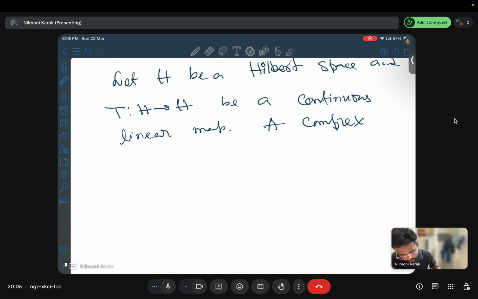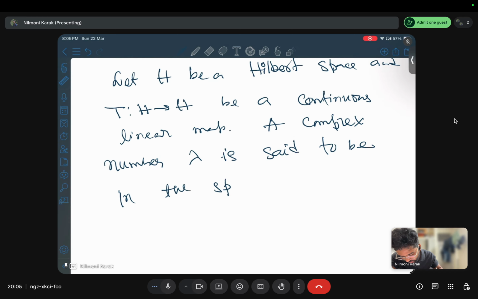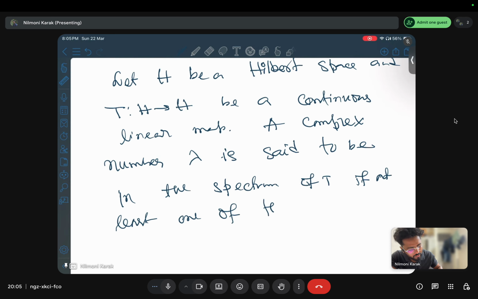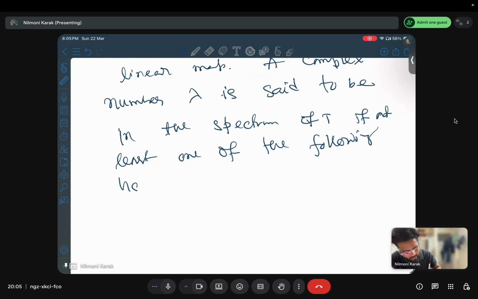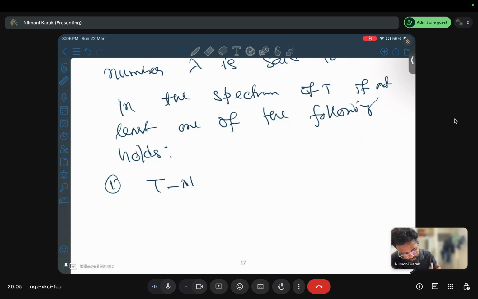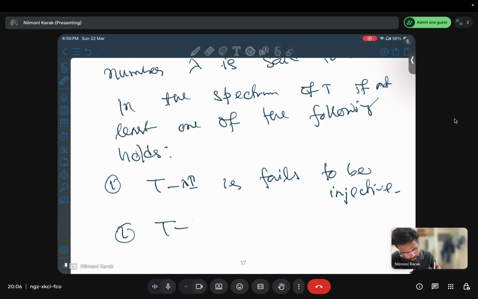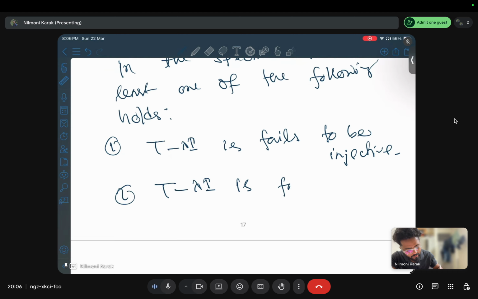A complex number lambda is said to be in the spectrum of T if at least one of the following holds: T minus lambda I fails to be injective, or T minus lambda I fails to be surjective.